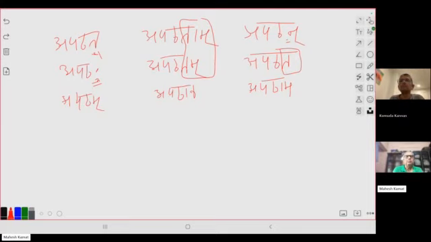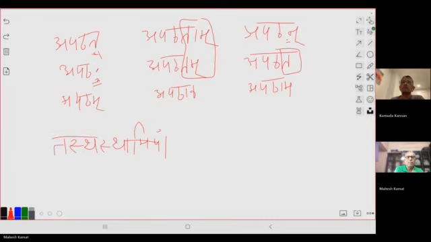As a matter of fact, Panini gives the sutram which gives this: tas, thas, tha, with tam, tam, tamah. So you see the tam, tam, ta.